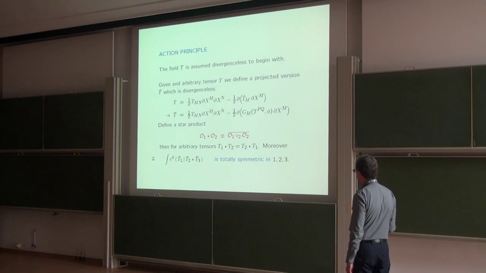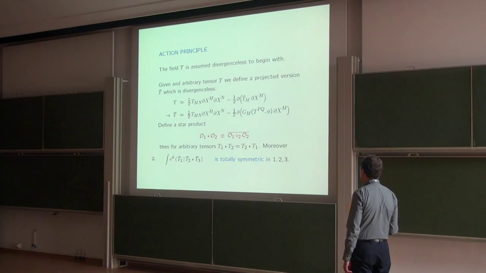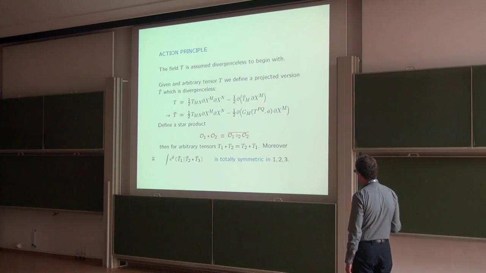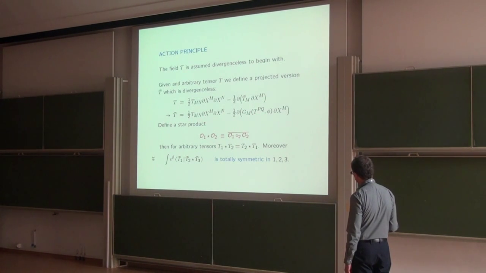Remember, a tensor has, where we put here the double metric and an auxiliary field. To make it divergenceless, actually what happens is that you must replace the auxiliary field by some specific function, gM, that I haven't written here, which is a function of the two-index field and the dilaton.